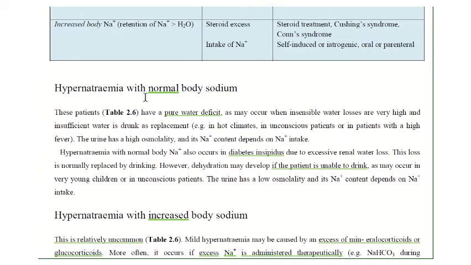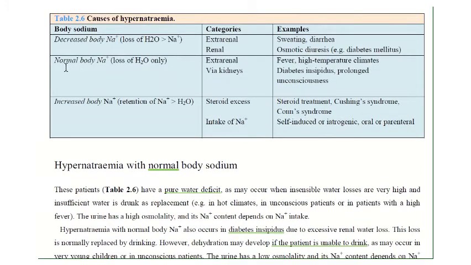الحالة الأخرى الهايبرناتريميا with normal body sodium. Now these patients have a pure water deficit، كما في الجدول. هنا الحالة الثانية normal body sodium، هنا loss of water only, as may occur when insensible water losses are very high and insufficient water is drunk as a replacement. إذن فقدان الواتر الانسنسبل الغير محسوس يكون كلش عالي، والواتر اللي ينشرب كريبليسمنت كتعويض insufficient غير كافي.